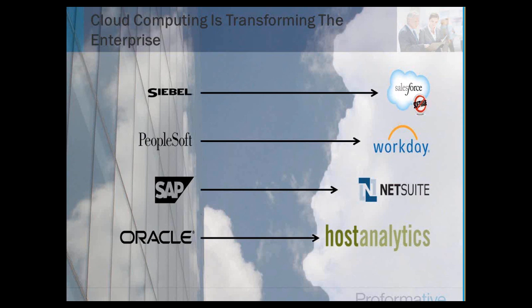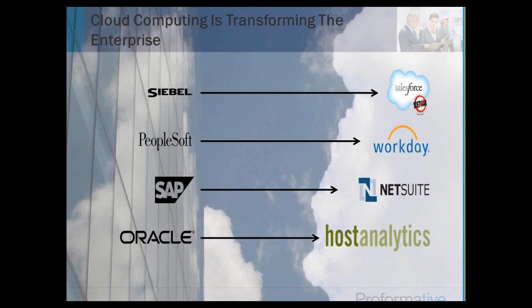It's really just a modern way to deliver software, and it's transforming how enterprises of all shapes and sizes are conducting business. It was pioneered in 1990 by Salesforce.com, which transformed the CRM category, and they now have over 100,000 customers.